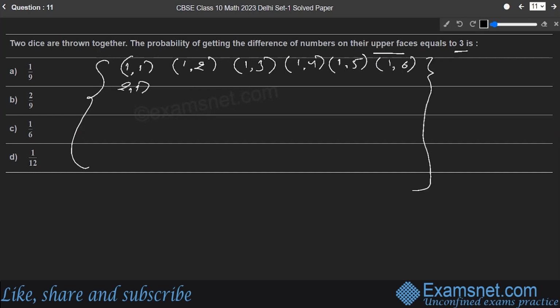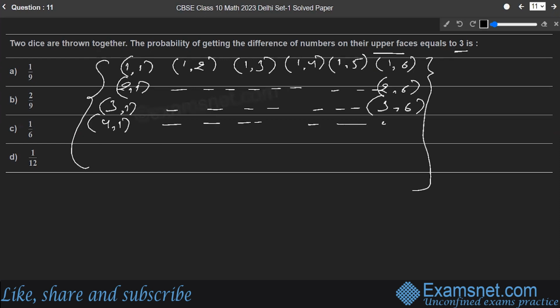Dice can also have values starting from 2 1, with the last value reaching 2 6. Similarly, starting from 3 1, the last value is 3 6. The dice can start with 4 1, and the last value is 4 6. They can start with 5 1, and the last is 5 6.